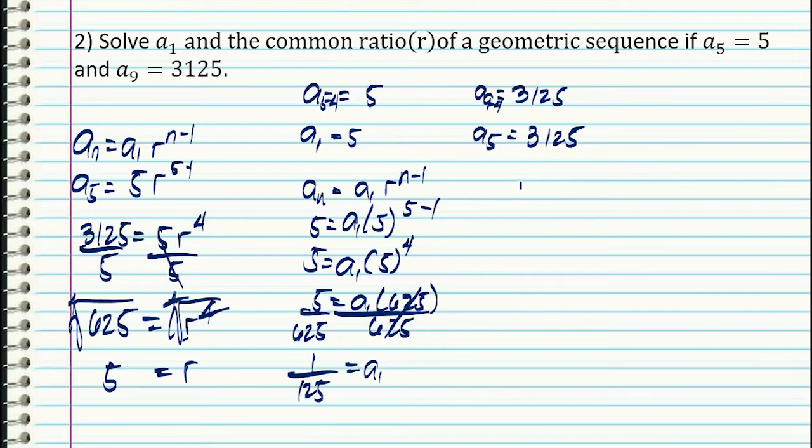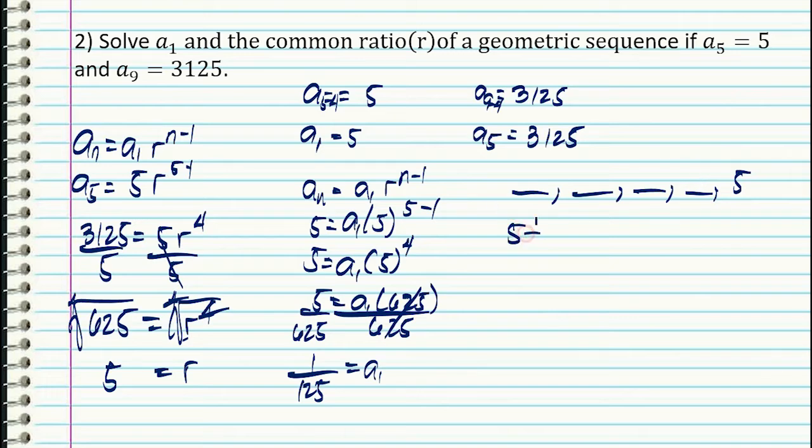Now the second option is working backward. If we have 5 as our a sub 5, as you can see, we have a sub 1, a sub 2, a sub 3, a sub 4, a sub 5. By using the working backward method, we will divide 5 to obtain the previous term, the a sub 4.